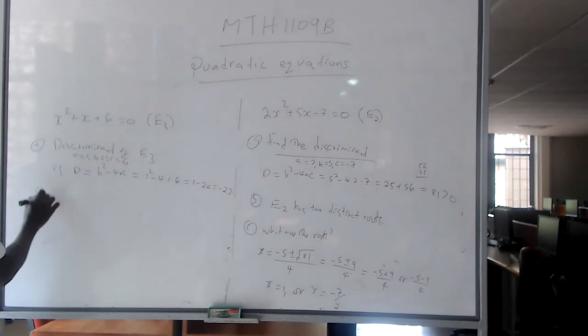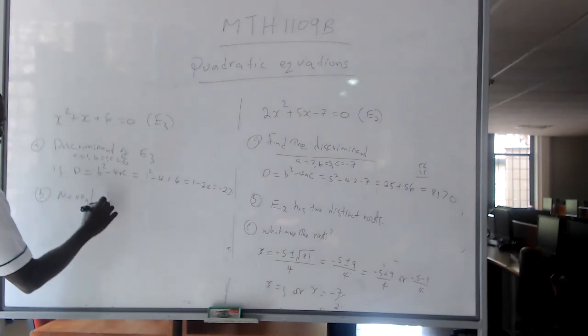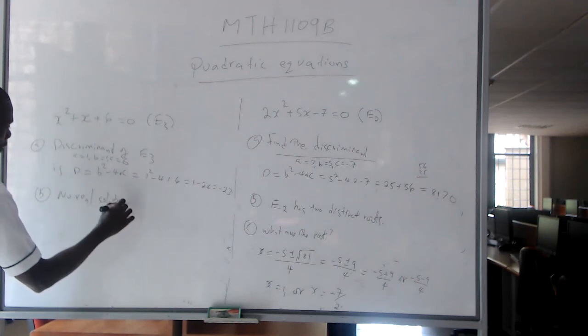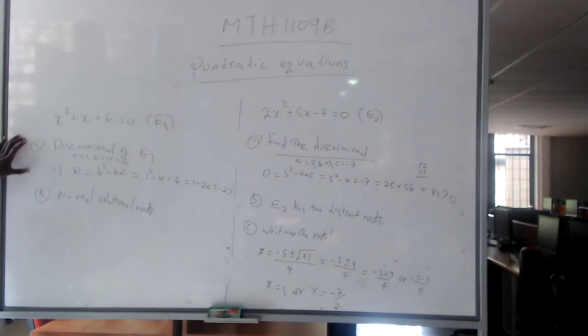So part B: no real solutions, no real roots, because D is negative.